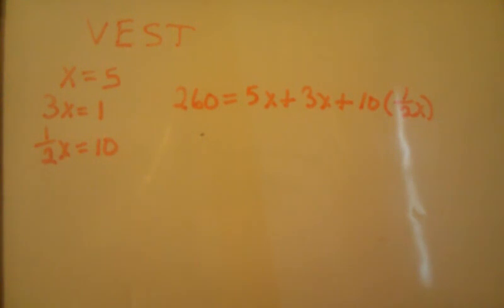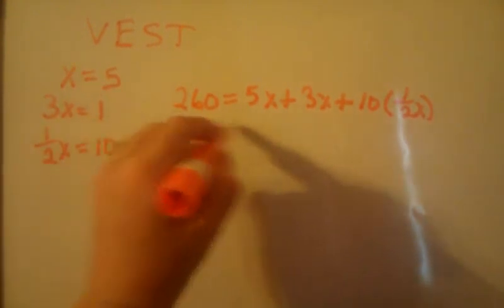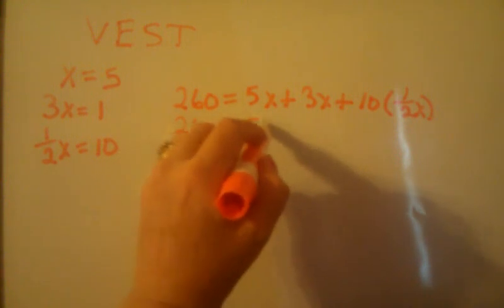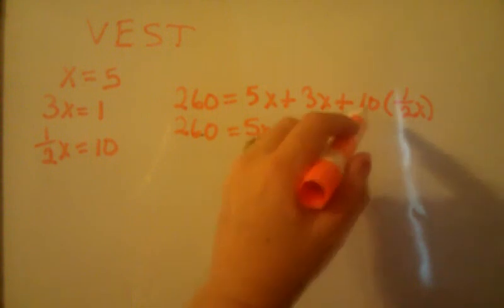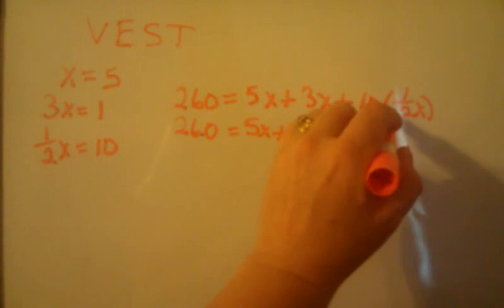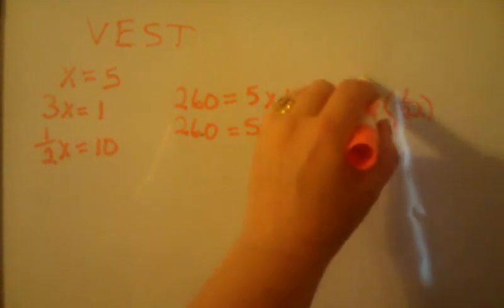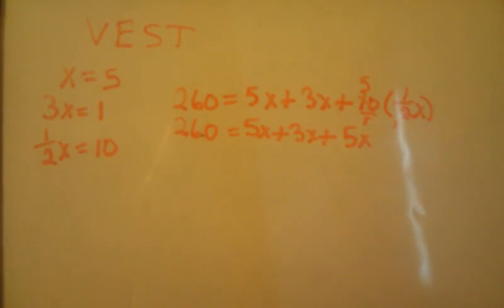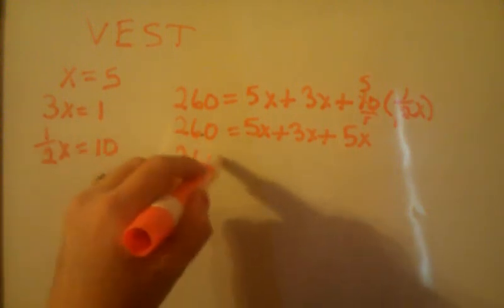Okay, the first thing I have to do is take care of the parentheses. So I'm going to leave everything else the same. 260 equals 5X plus 3X plus, what is half of 10? Well, half of 10 is 5X. You can cancel them if you need to. That's going to be 1, that's going to be 5, and multiply across, but you're going to get 5. Now, I need to combine like terms.